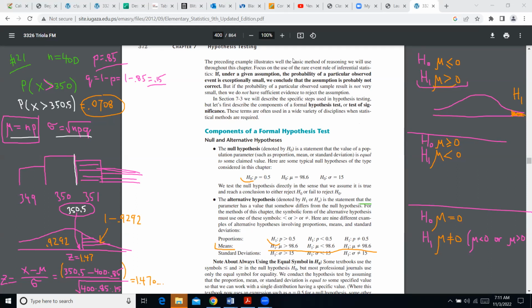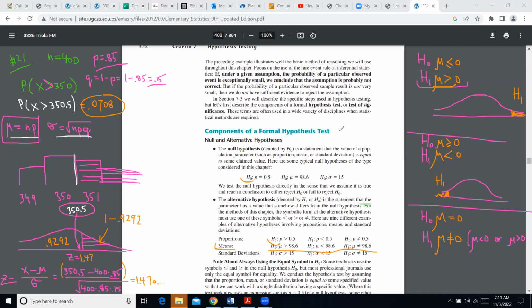For the second case, it's going to be on the left side, because now we have H1 on the left side from 0. So that's going to be the region someplace here.